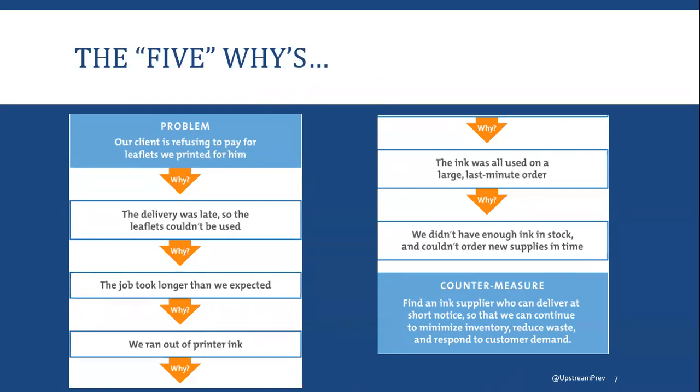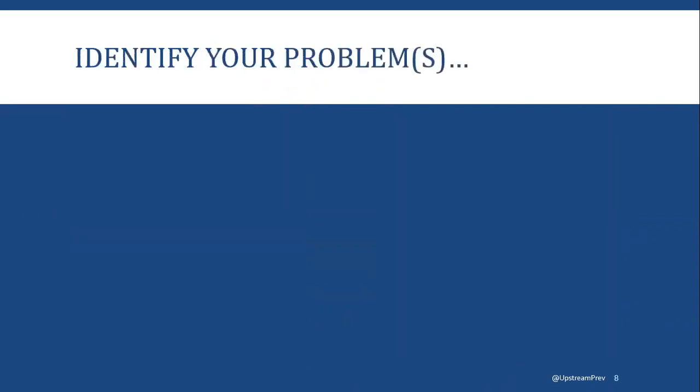But when we start to dive in and ask why this is happening, we start to see that there are a variety of different underlying influences that we should be focusing on or paying attention to, which also relates to you. So as we start to think about how this applies to our campuses, we need to start by identifying our problems, right?